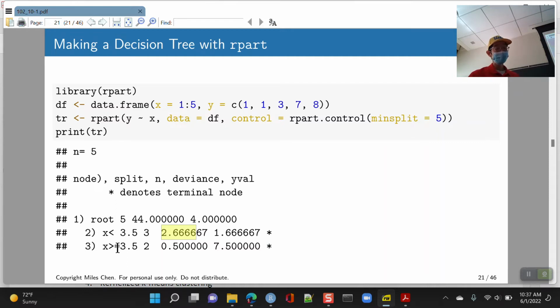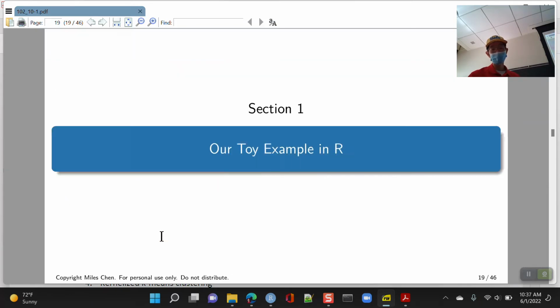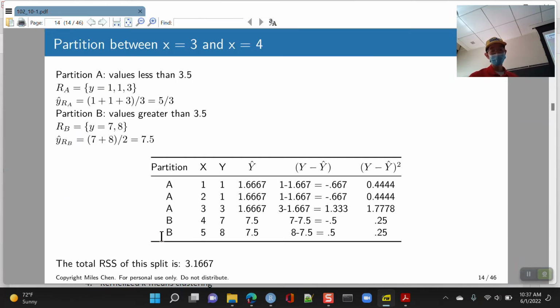Then for the values greater than 3.5, there are 2 observations there. The predicted value there is 7.5, and the squared residuals add up to 0.5. So the total squared residuals would be 3.167 if you add these 2 things together, which is what we got back here.